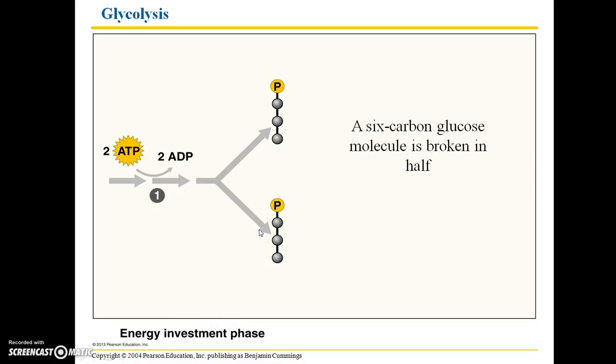And what occurs here is that energy from ATP is used to take a 6-carbon glucose molecule and break it in half. So that initial 6-carbon glucose molecule that you have taken in from food, for example, is going to be split into these 2 3-carbon molecules.